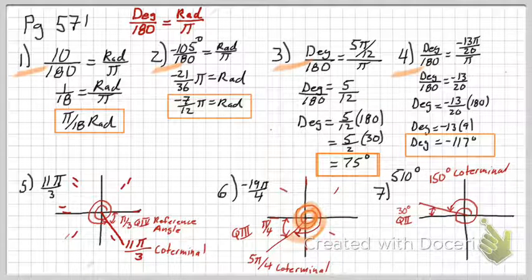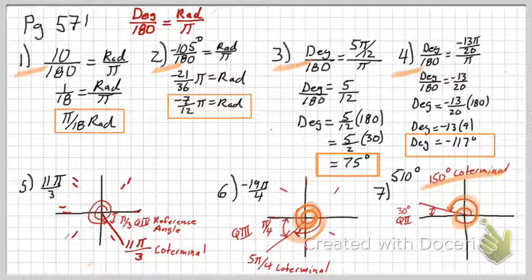Okay? Same deal here, except in degrees. This is actually increments of 30 degrees or pi over 6s. So when I went all the way around the circle, that's 360 degrees, and then I have to go 150 degrees more to get to this point.